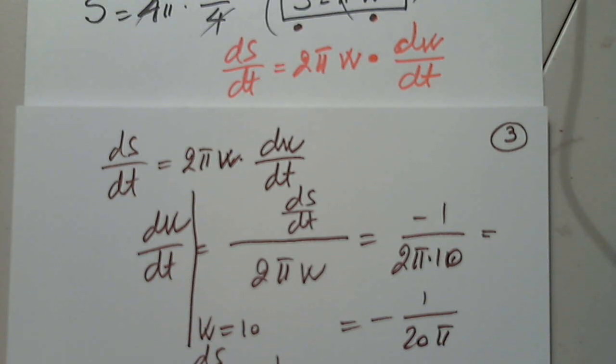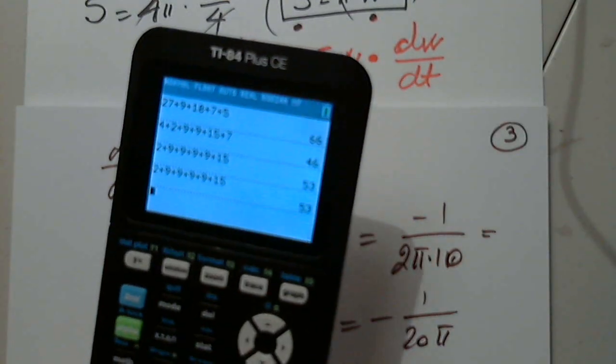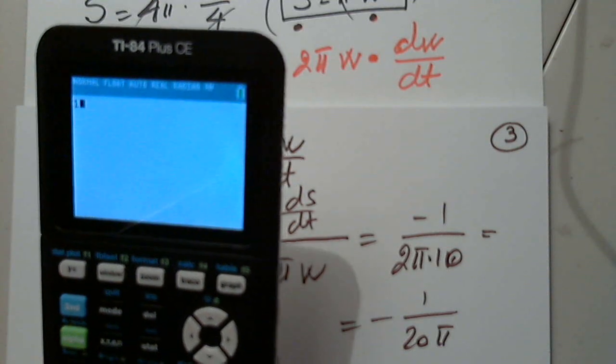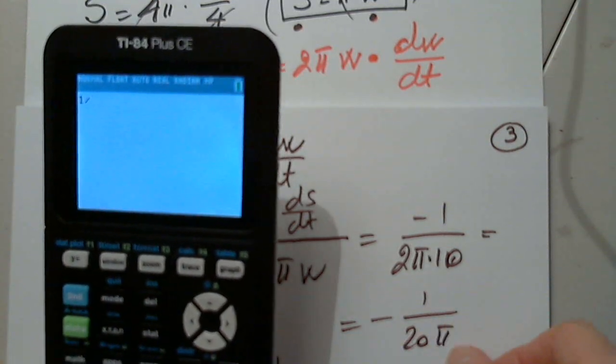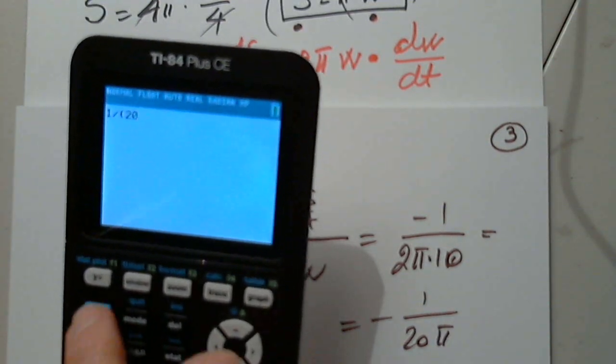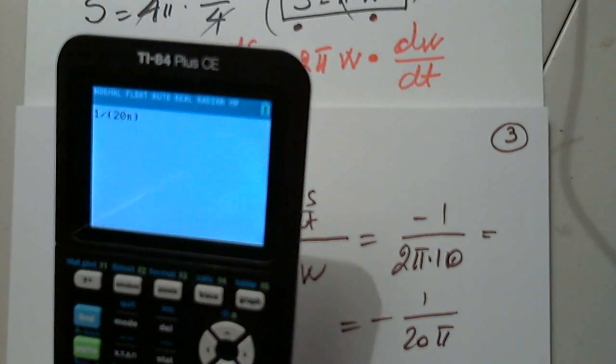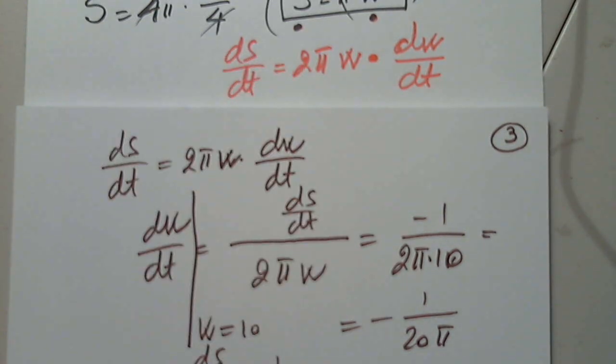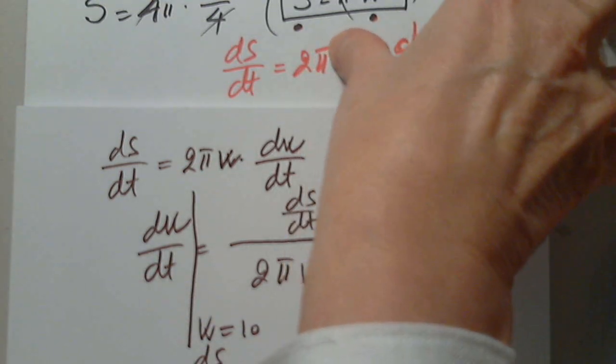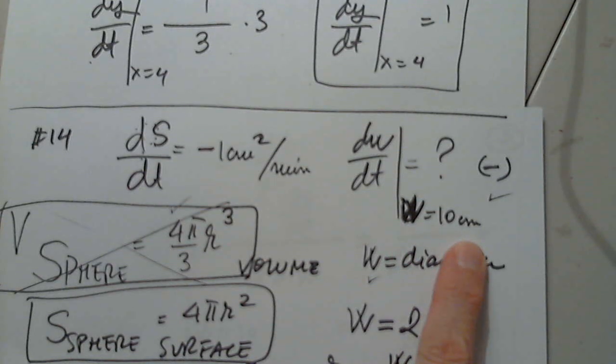And because they're expecting us to come up with a number, I don't know if they want an approximation or not, whatever. So I have 1 divided, careful, put parentheses, 20 times pi. So I'm sorry, was the 10 given in the problem? The w equals 10, was that given in the word problem? Yeah, right here, w equals 10. Got it, thank you. Sure.